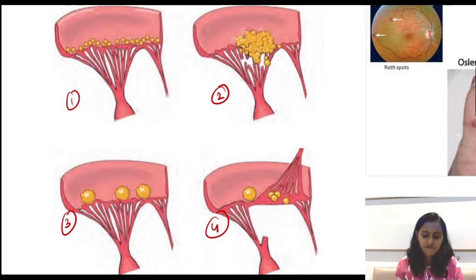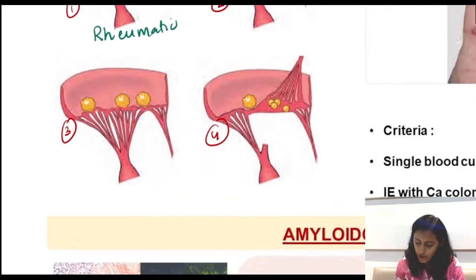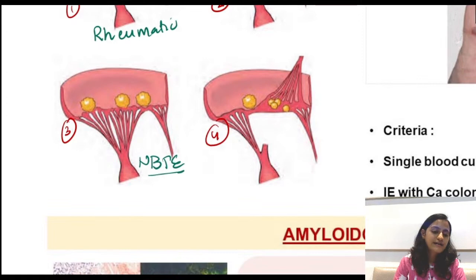These are comparatively larger. So the two conditions where you have vegetations along the line of closure are basically rheumatic heart disease, and what is the second one? Marantic, or non-bacterial thrombotic endocarditis, right?